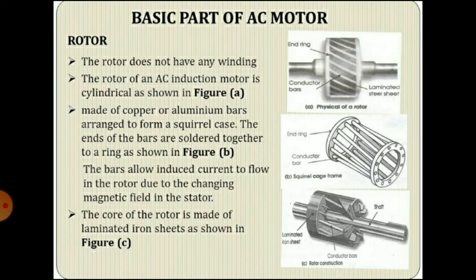It is made up of copper or aluminum bars arranged to form the squirrel cage. The ends of the bars are soldered together to a ring. You can see the end ring. All the ends of the bars are soldered together, that is called short circuited.